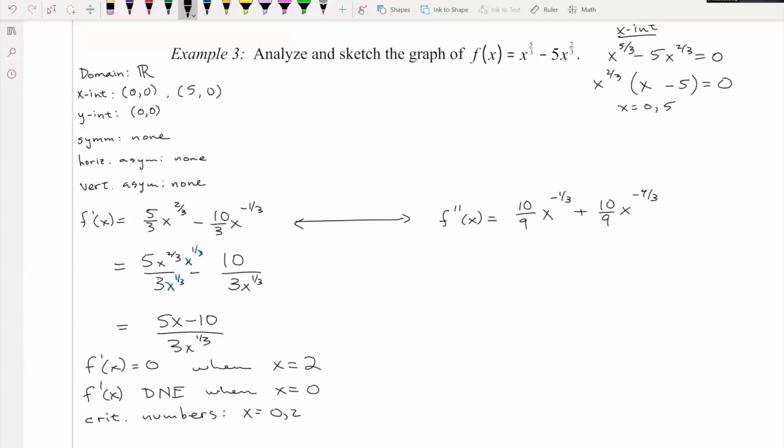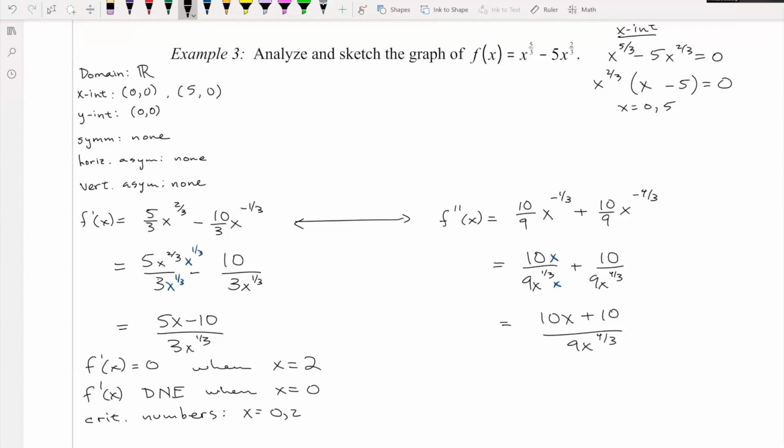Again, I'm going to need to set this thing equal to 0 in order to find the possible points of inflection. I'm going to make a common denominator. I'm going to multiply here by x^(3/3) and x^(3/3), and that will give me (10x plus 10) over 9x^(4/3).